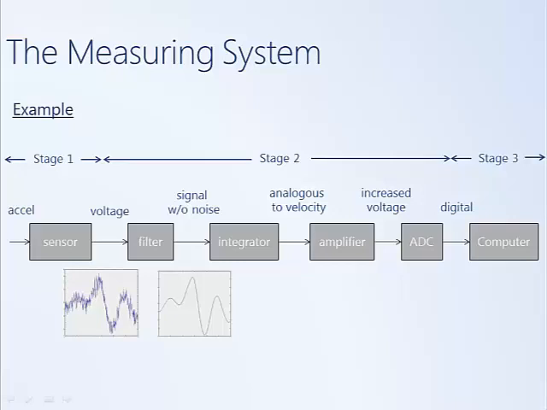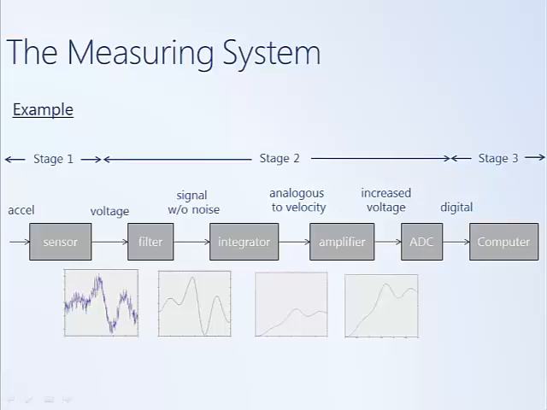And let's say that this acceleration signal isn't actually what we're interested in. What we actually need is an estimate of the velocity of the vehicle. And so one way to arrive at that is to integrate the acceleration signal. And then let's say that the magnitude of the signal is too small. And so we amplify it to scale the signal up.